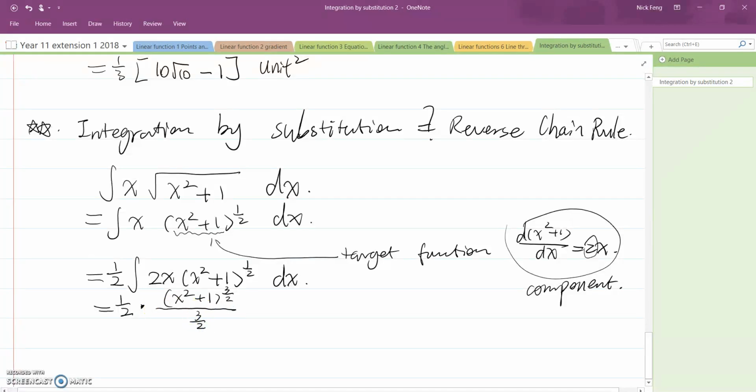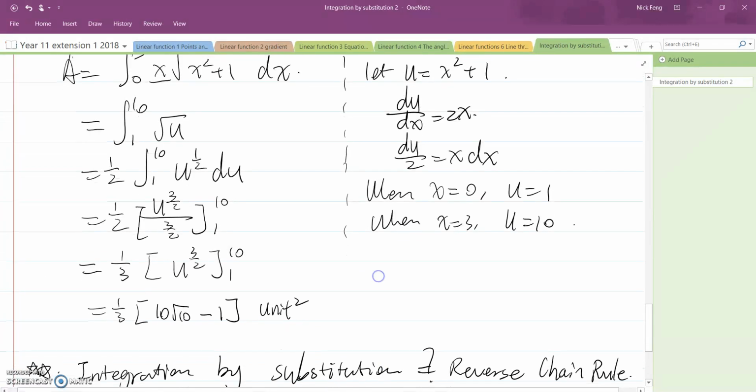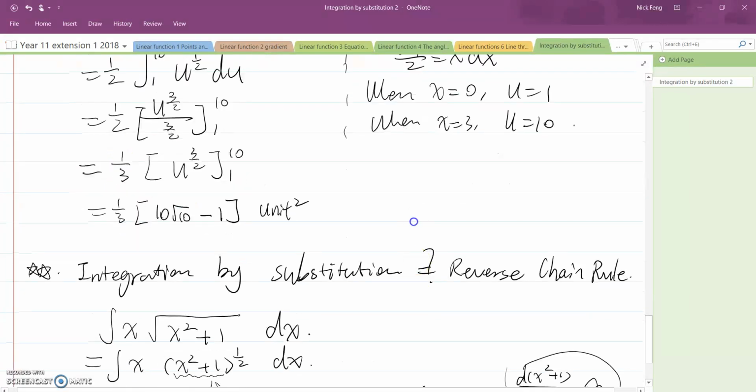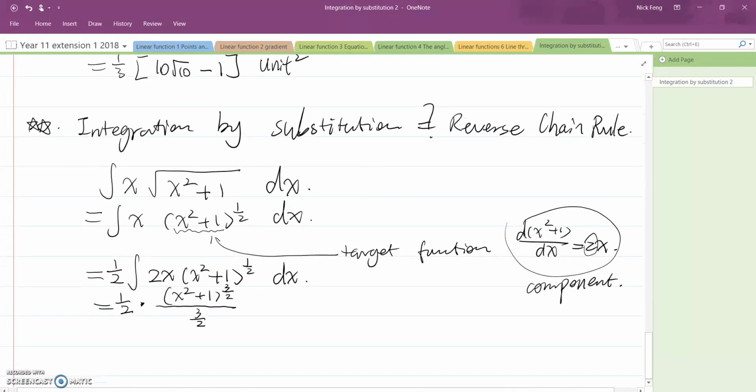If anyone has actually realized, this is the u. This is exactly what you did in this part. And that's why you get the half out there. In fact, in reverse chain rule, that half is to balance the equation. Balance your component without changing the question. And in this case, since I made it an indefinite integral, so just plus c.